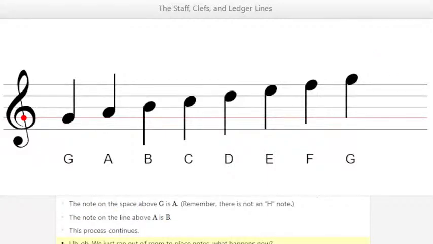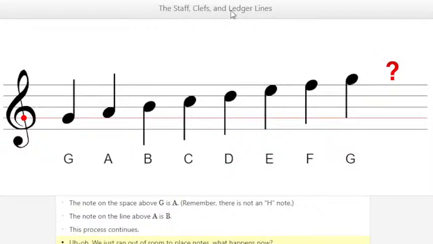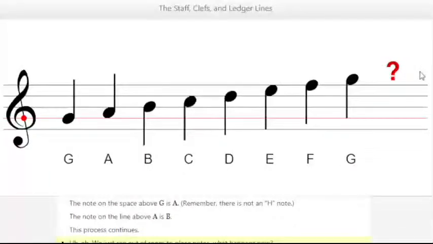And then a ledger line will solve this question mark you can see here. Why? Because now we have reached the top of the staff notation and we need to add more notes, and we need to sing or play more notes.